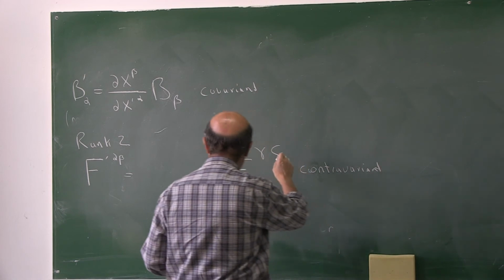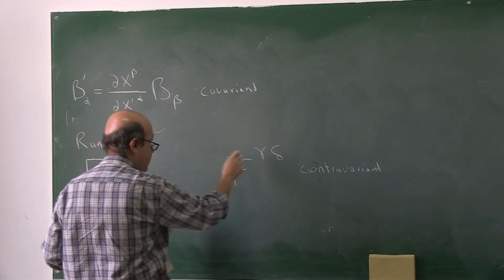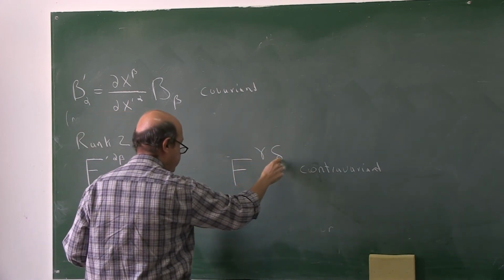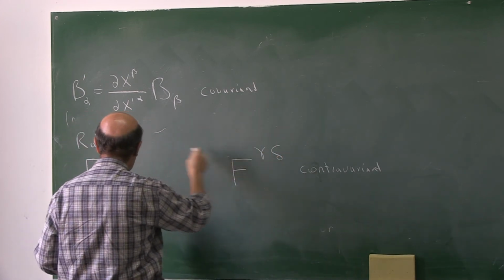I need to transform gamma to alpha and delta to beta.